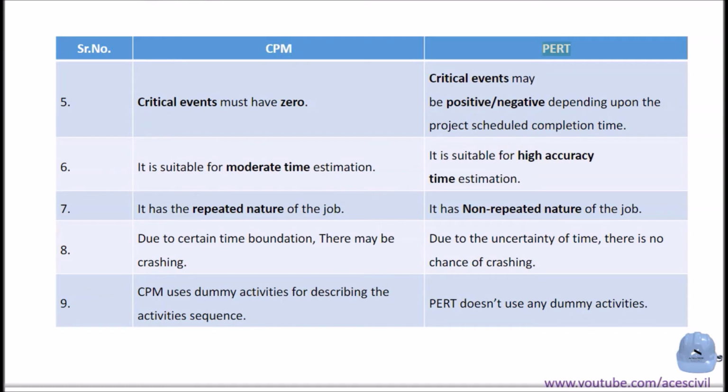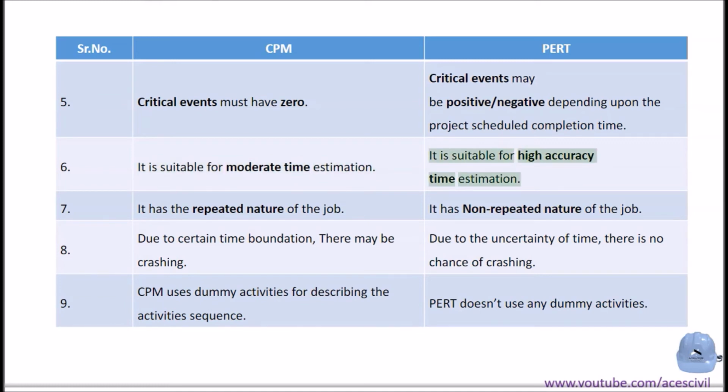5. In CPM, critical events must have zero slack. In PERT, critical events may be positive or negative depending upon the project's scheduled completion time. 6. CPM is suitable for moderate time estimation.